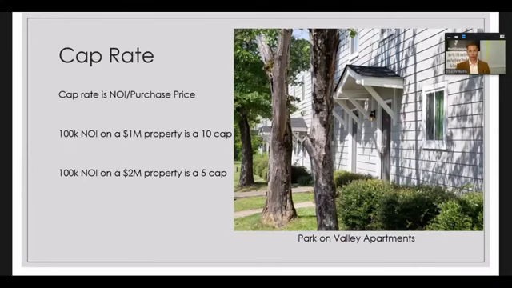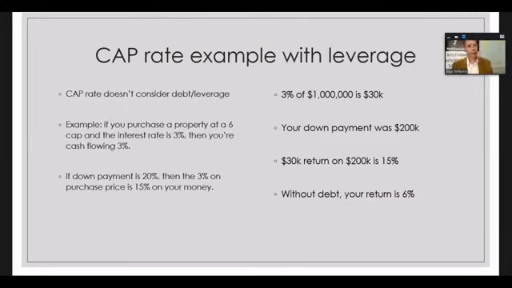Let's take a $2 million property. $100,000 net operating income, or profit after expenses, on a $2 million property would be a 5 cap. So cap rate does not consider debt at all, does not include or consider any leverage.